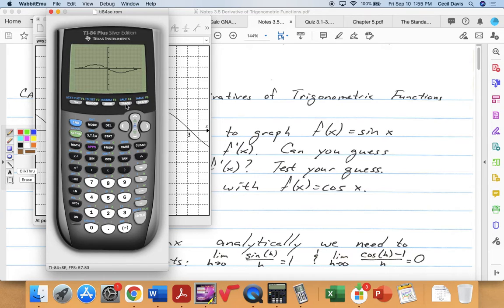If I start tracing it, notice at 0, this function doesn't exist. There's a hole there. You just can't see it because the axes are filling the hole. But is it pretty obvious that it's going through the y-axis at y is 0? Okay? So we're at least graphically convinced of this.